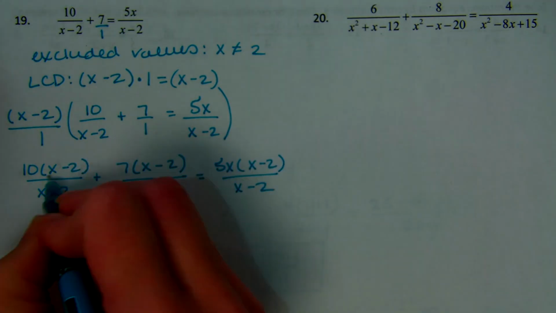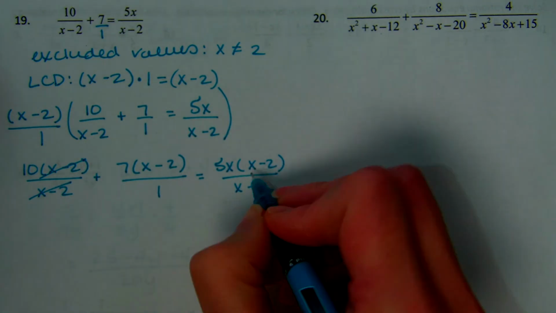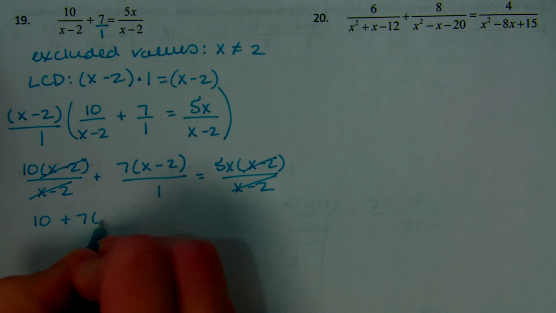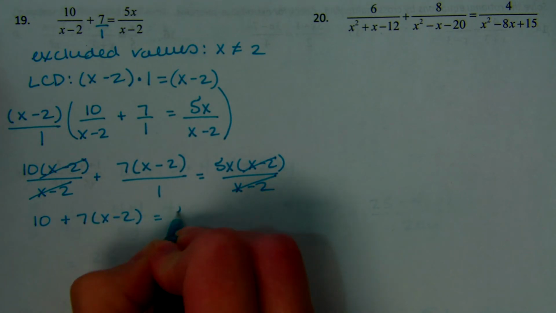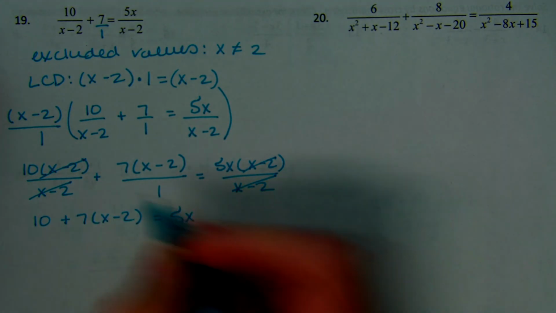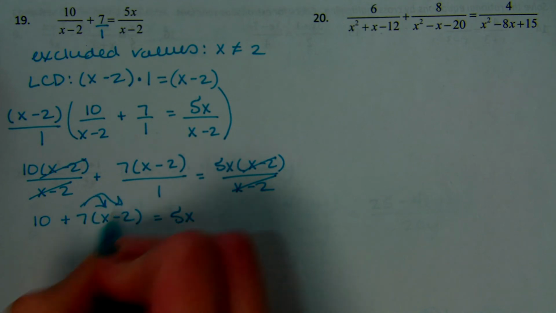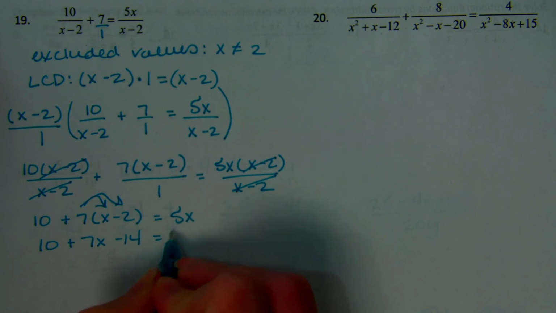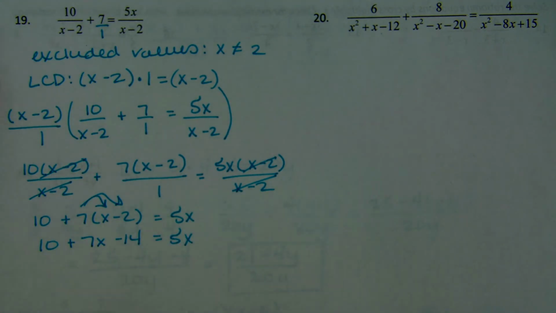And then cross out common factors. So these x minus 2's are gone, and these are as well. And that leaves you 10 plus 7 times x minus 2 is equal to 5x. And just solve that equation, guys. Just distribute the 7. 10 plus 7x minus 14 is equal to 5x.